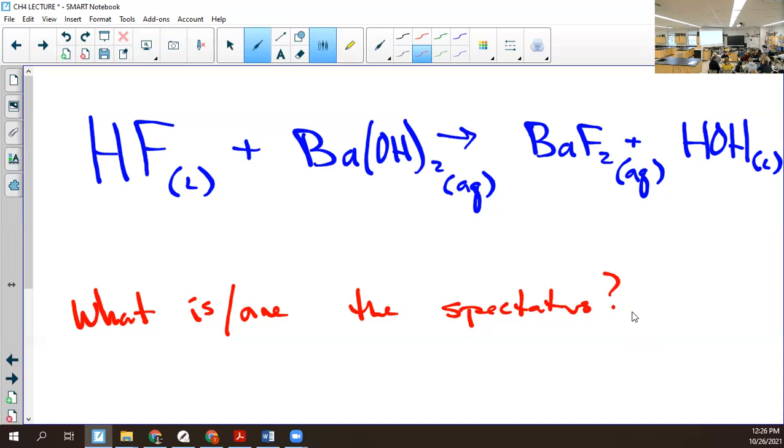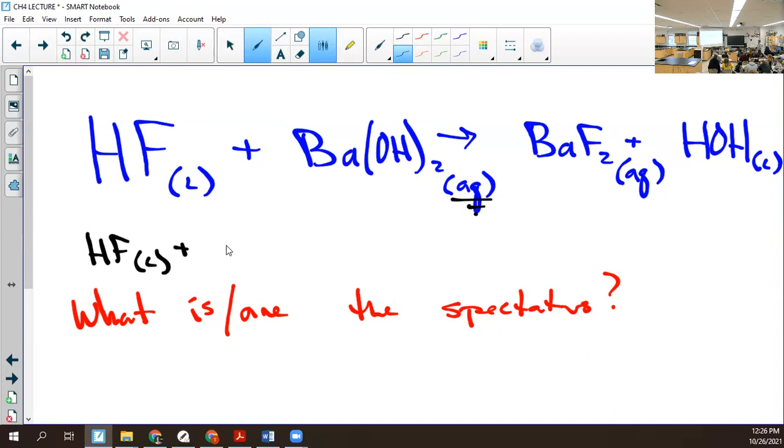All right. So when you look at this, you want me to write the whole thing? Okay. I was not going to, so I'm glad you asked right in time. Liquid, tell your partner, do I keep it in the whole thing together or apart? Together. So HF liquid plus, if it's AQ, tell your partner how I'm going to write this.